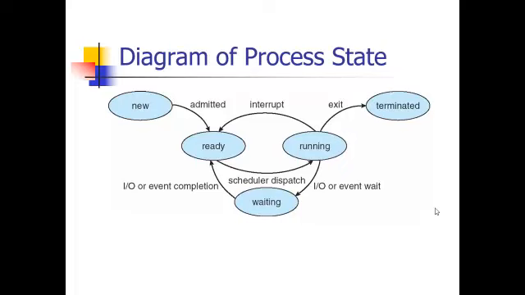So this cycle from ready to running, running to waiting, and again to the ready queue may happen several times for a process until it completes. When a process completes its execution, it will be terminated. So those are the five available states for a process.